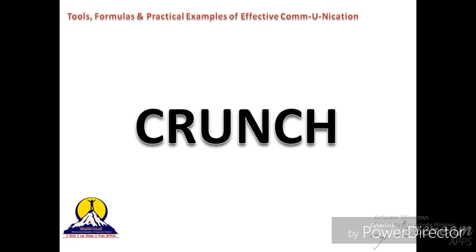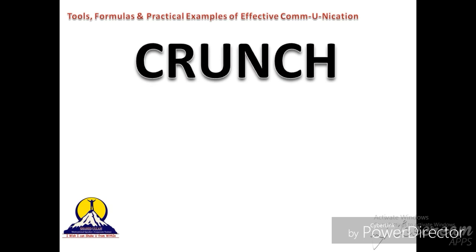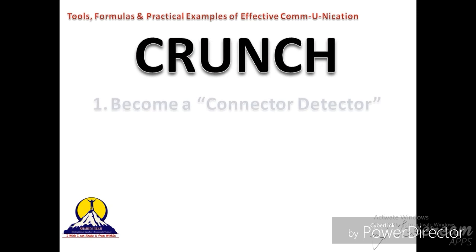So here is the crux of module 1, lecture 2. Three practical steps to influence people or build successful relationships. The first step, become a connector detector. Detect the connector, repeat the connector or paraphrase it, and build a connection with the people you are communicating with. Raise your feeling level instead of your dealing level.